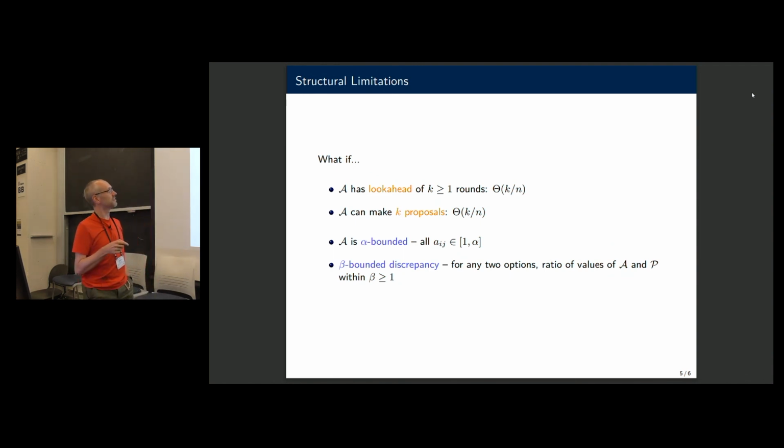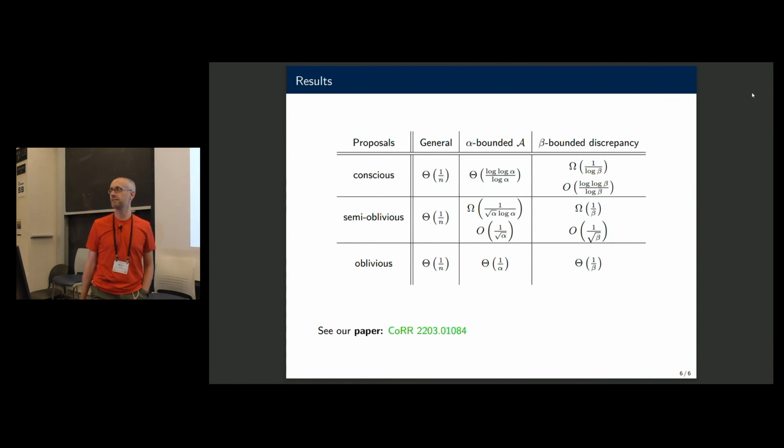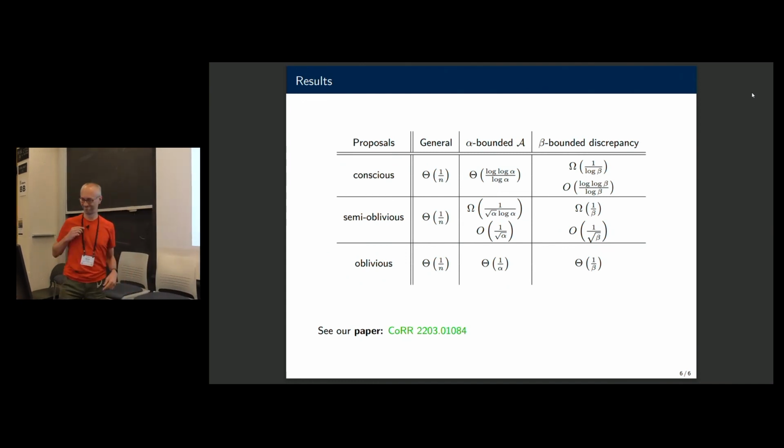Here you see this scales linearly with the parameter k. For these two parameters, it's more complicated. If you want to know more, look into the paper. There are proofs on all of them. Most of these bounds are tight. Conscious, semi-oblivious, oblivious: ask me later if you want to know it. My time's up. Thank you. Thanks, Martin.